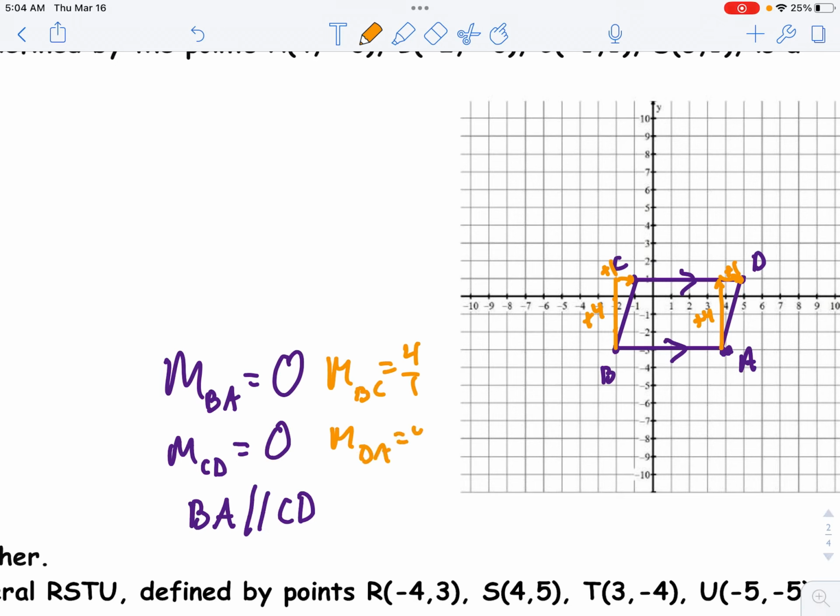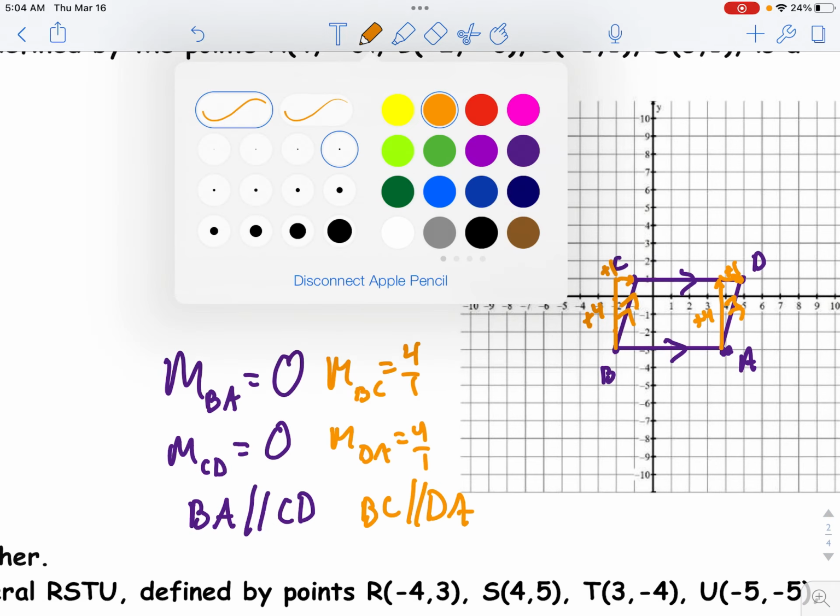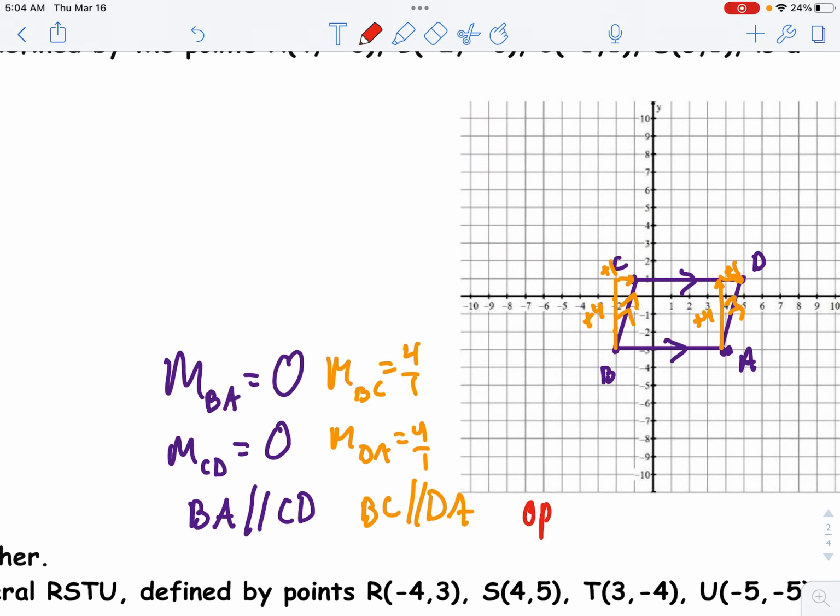Slope of DA, 4 over 1. So it means that BC is parallel to DA. Alright. So opposite sides parallel. So it is a parallelogram.